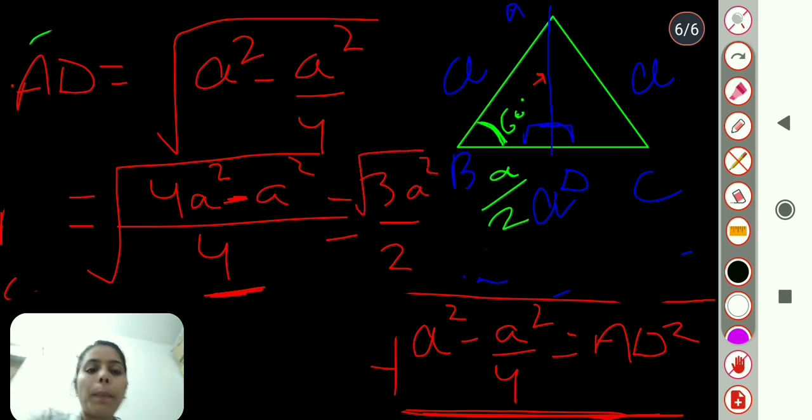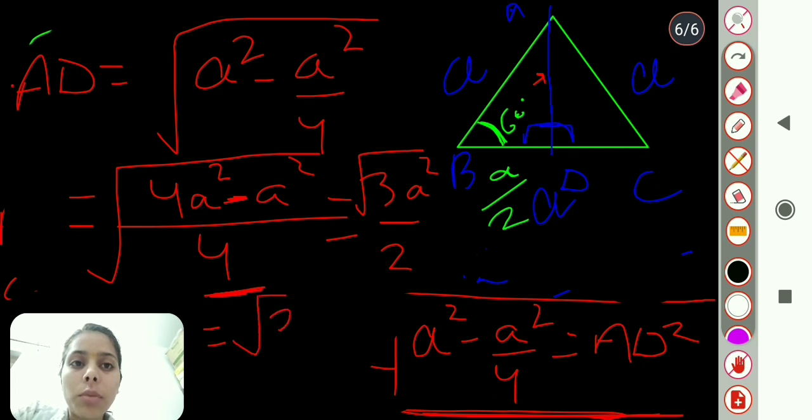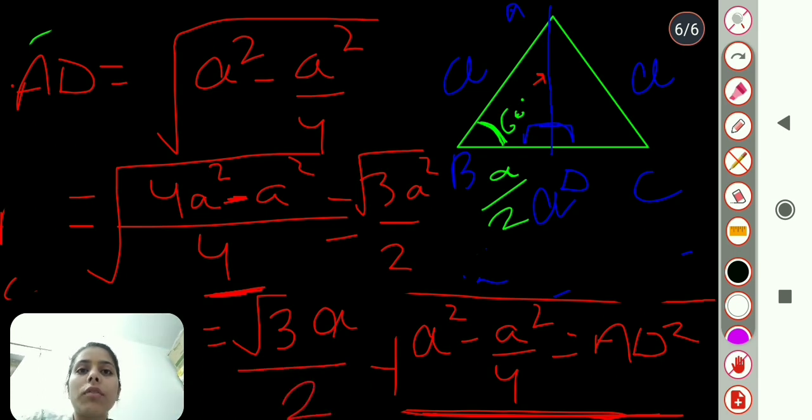So under root 3A square by 2, and A square will cut the square root, and we have A upon 2. We have the value of AD as root 3 by 2A.